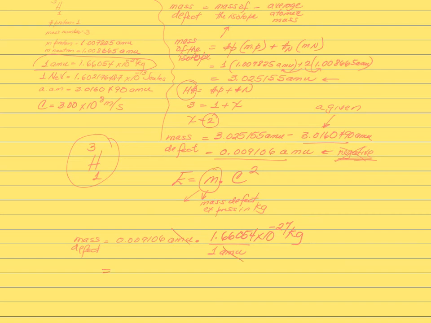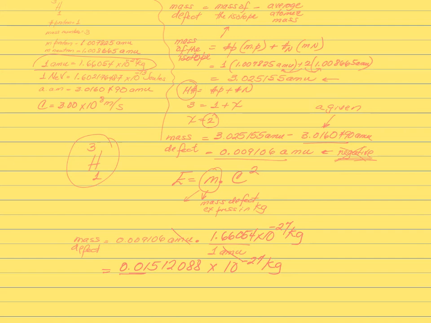You're going to cancel the atomic mass unit, and when you multiply 0.009106 times 1.66054, that is going to be equal to 0.0151208 times 10 to the negative 27 kilograms.